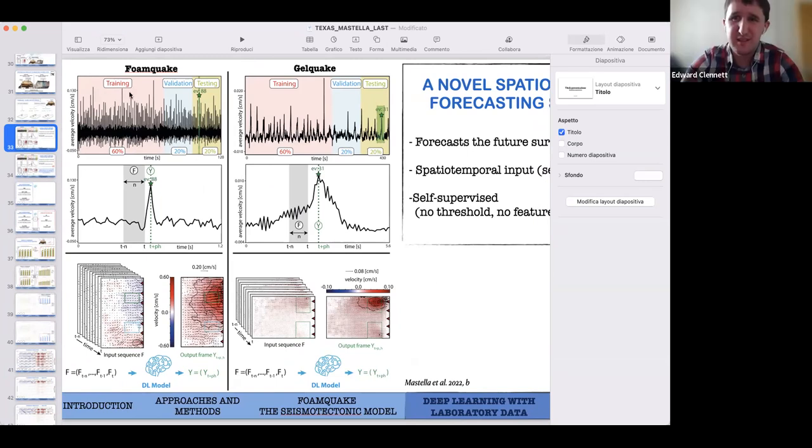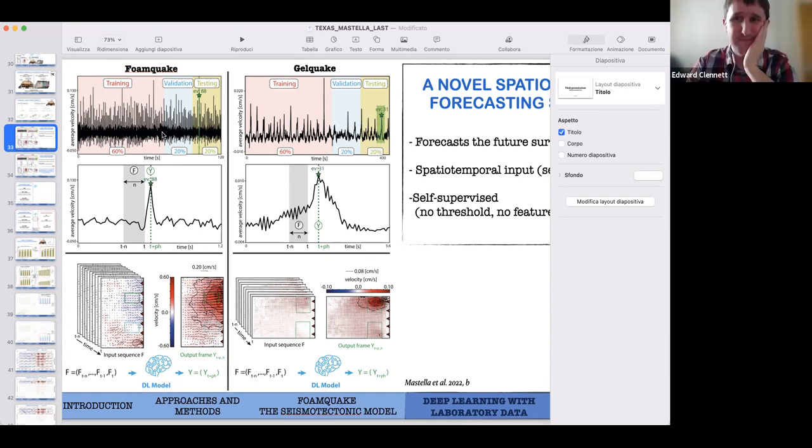Does it mean that your asperity always has to be in the same place for you to get the best prediction? Yeah, this is a great question. We have tried, for example, to train one model based on one configuration and then test this artificial intelligence model with the data coming from an experiment with a different configuration.